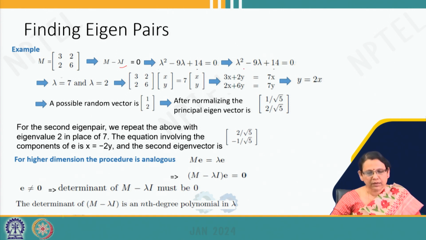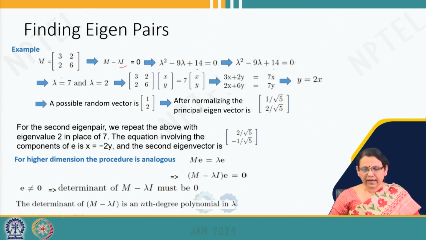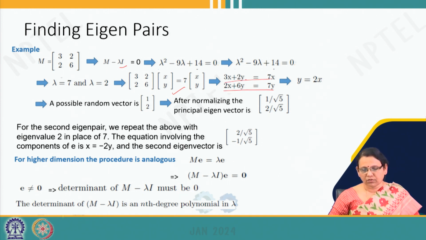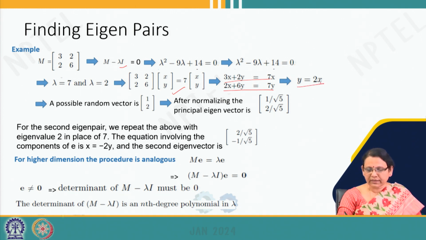Because this is a very simple problem, we can solve it and find out the corresponding eigenvalues and eigenvectors. Here, this vector x y, when multiplied with the matrix, we get 2 equations, and solving them and after normalizing, we can get the eigenvector.